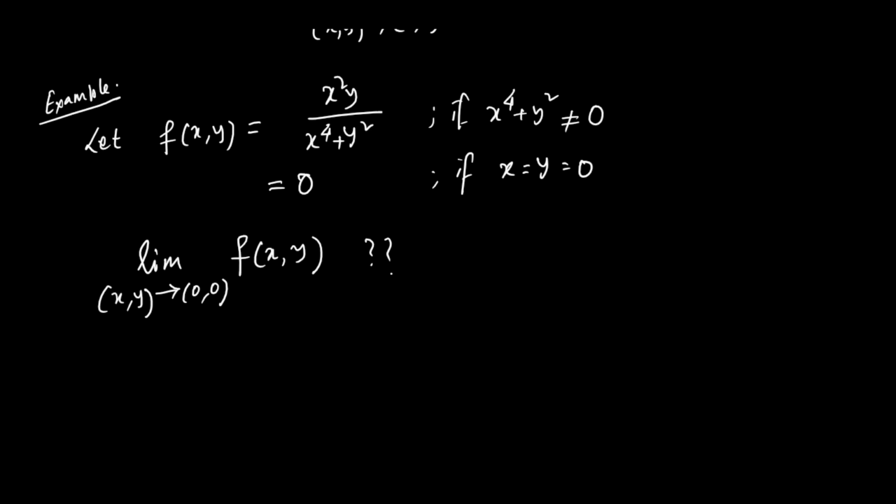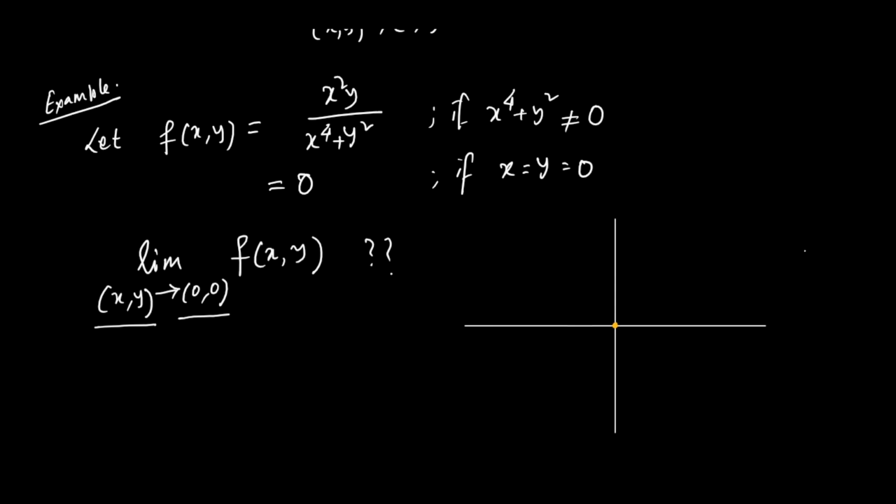Here the variable point (x,y) approaches the origin. So let us have the xy plane. If (x,y) is any point in this two-dimensional plane, then it can approach the origin through any path, as we have said.